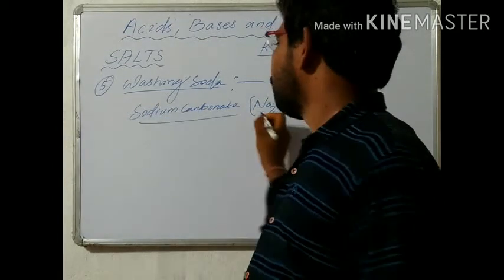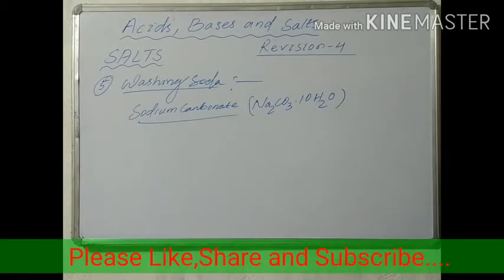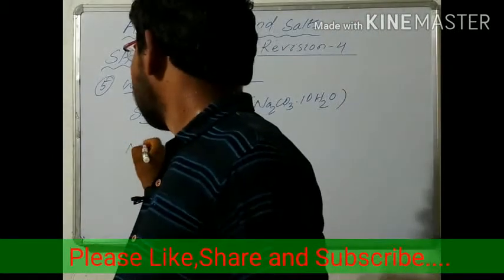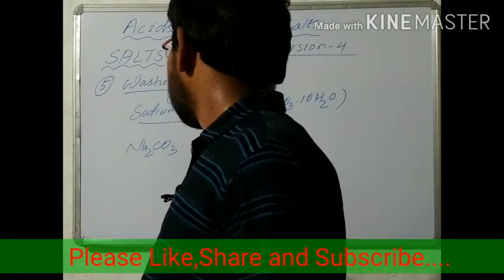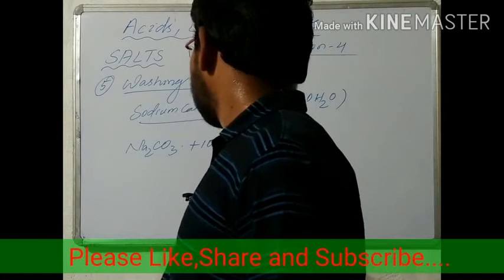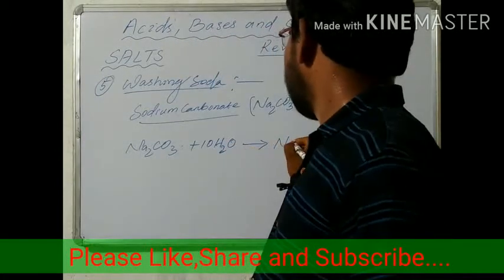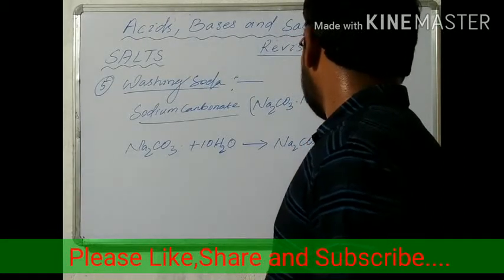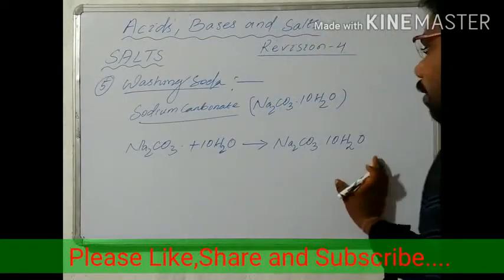Sodium carbonate, washing soda, is prepared by sodium carbonate Na2CO3 plus 10H2O, forming Na2CO3.10H2O. It is a hydrated salt because here water molecules are present.